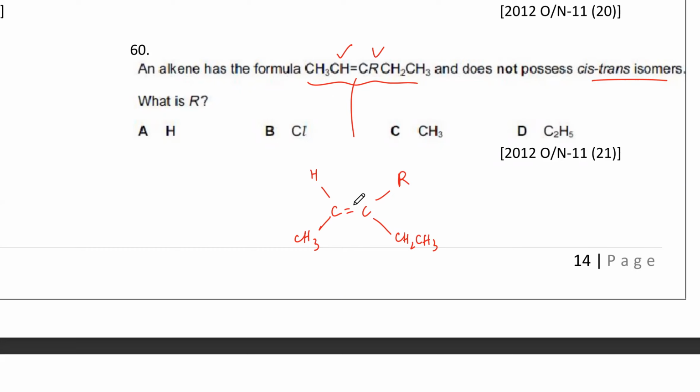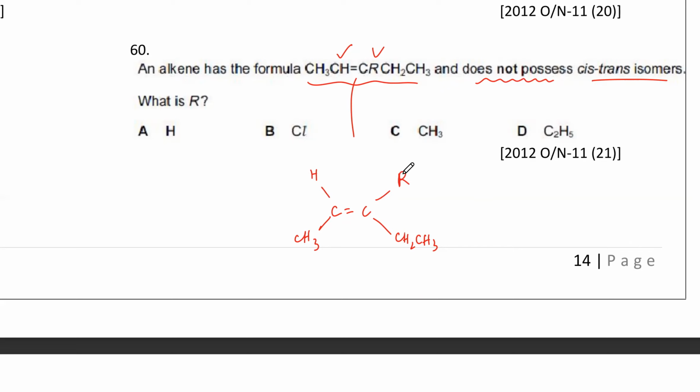The way it should not form cis-trans isomers: what was the condition for having cis-trans isomers?